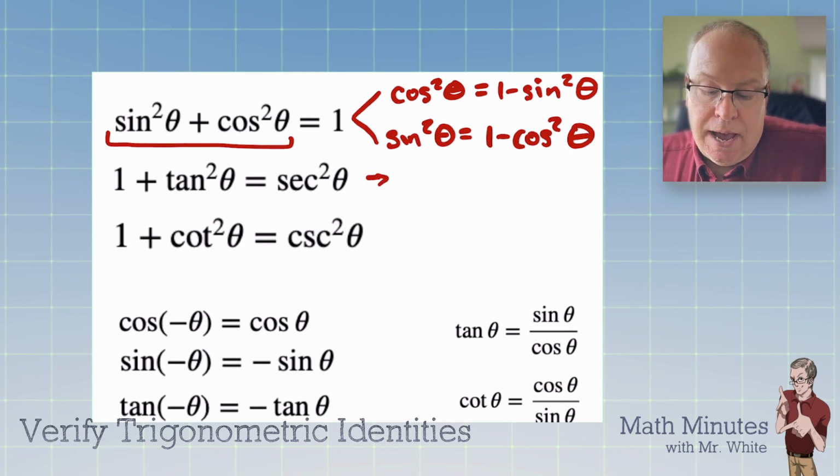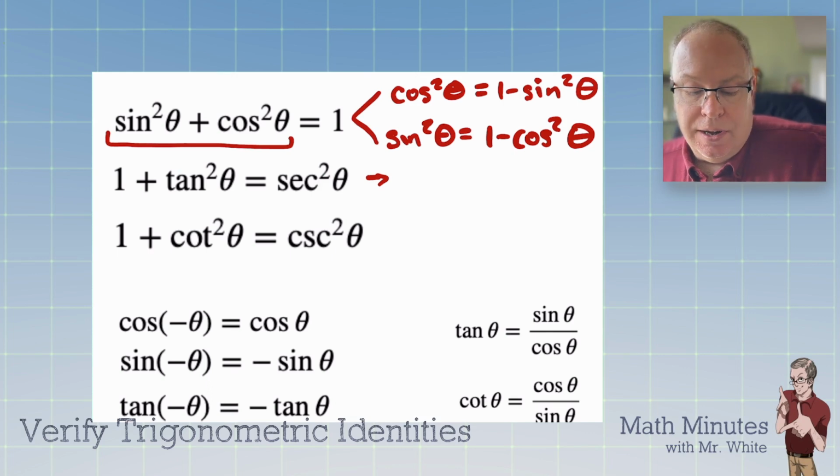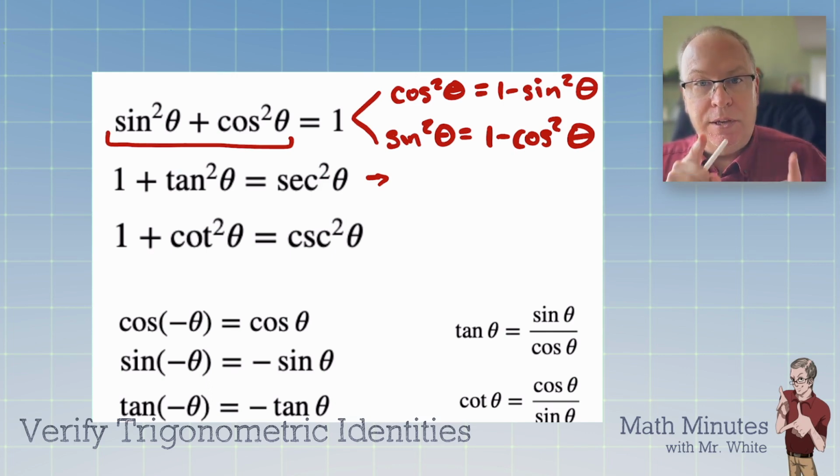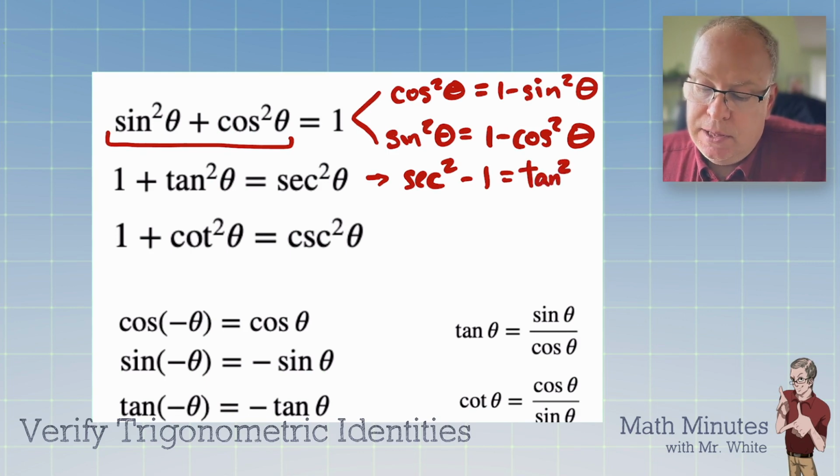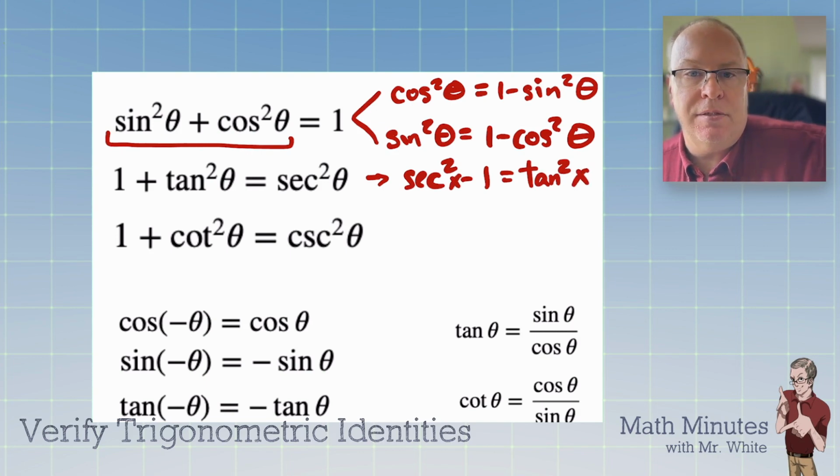And then this one has an offshoot. 1 plus tangent squared is secant squared. So if we subtract the 1 to the other side, we get secant squared minus 1 is the same thing as tangent squared. So I'm pretty sure on some of these problems, oops, I'll put an X here. I usually use X's and not thetas.